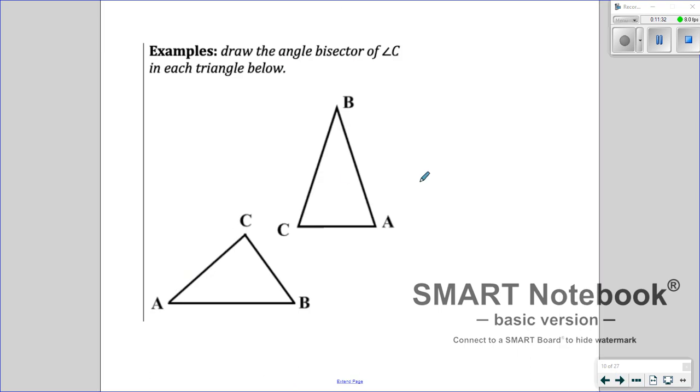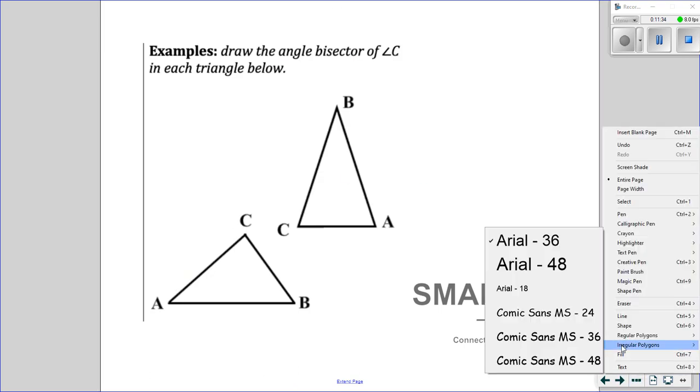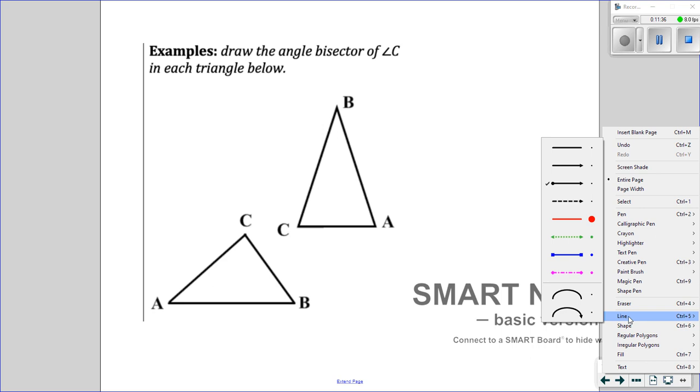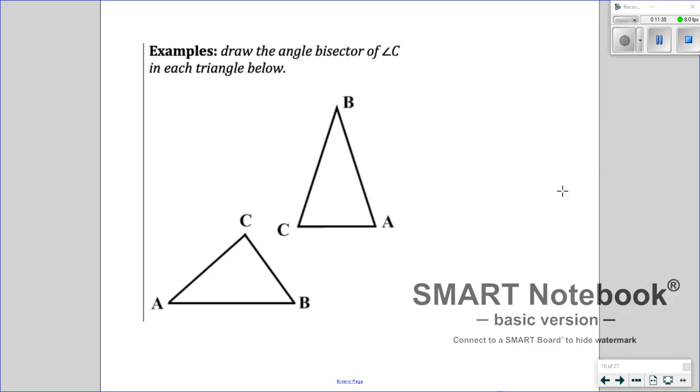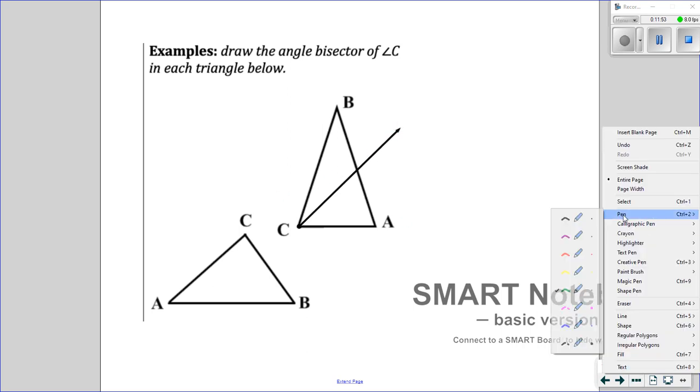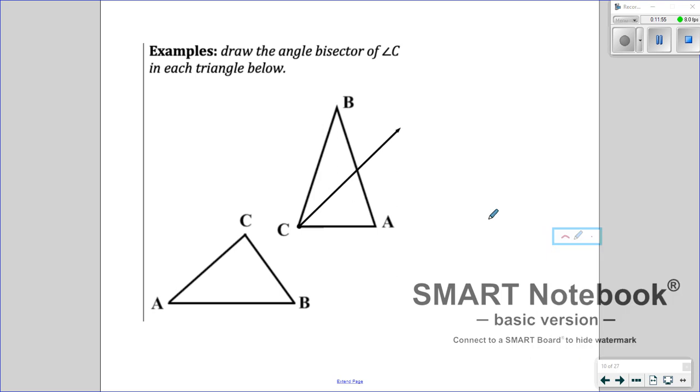For this one, we're just going to draw the angle bisector of angle C. So I take my line. I'm going to start here. That's the vertex. That's where the angle bisector begins, at the vertex of the triangle. And then you just draw the line. Once you do that, those two angles will be congruent.